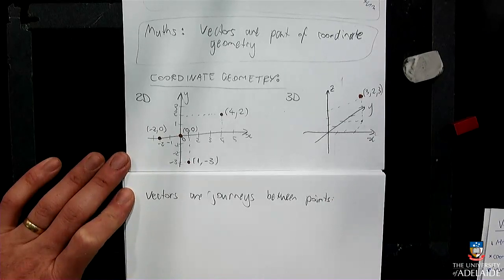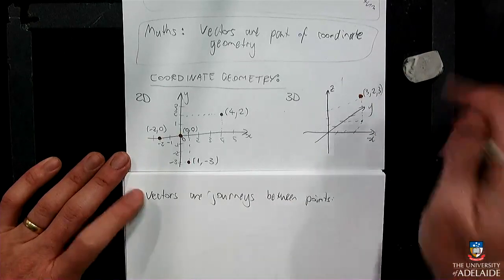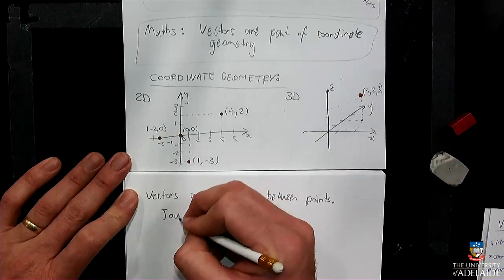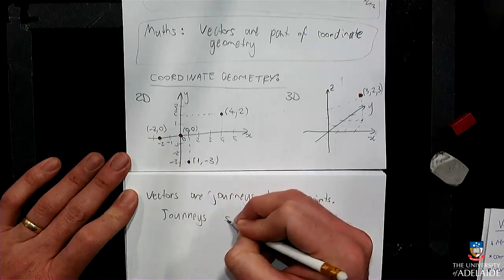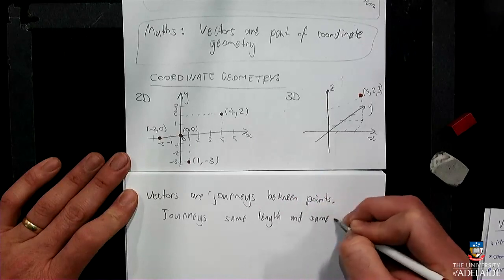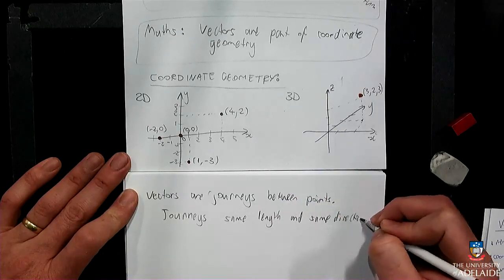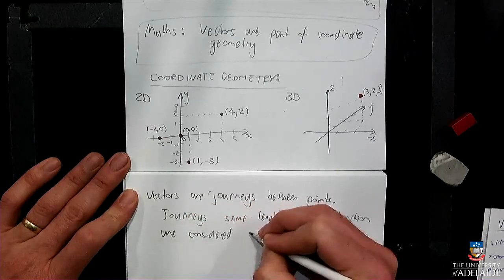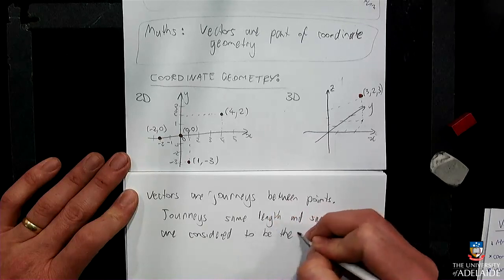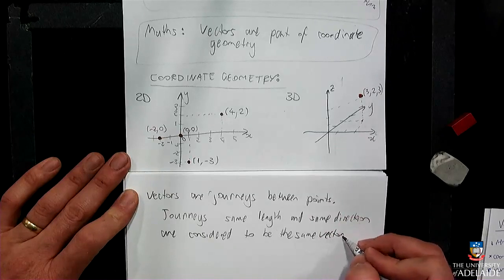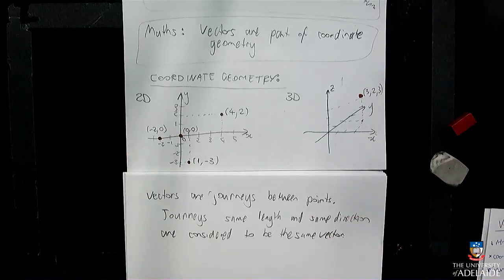Importantly, journeys that are the same length and the same direction are considered to be the same vector.